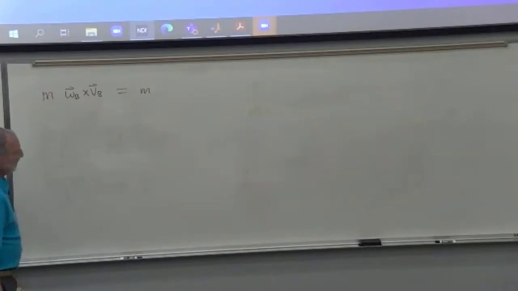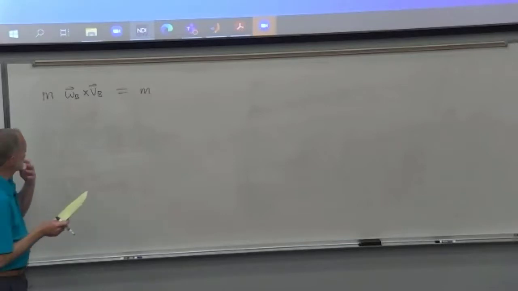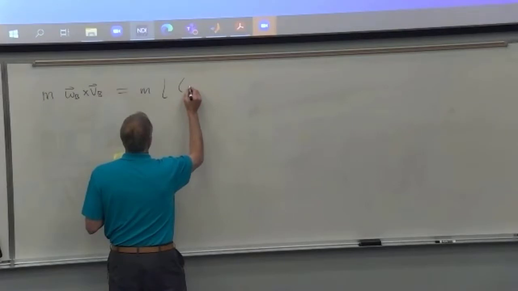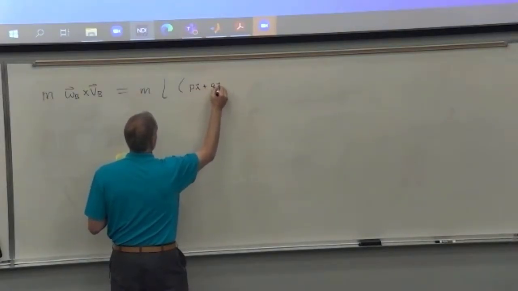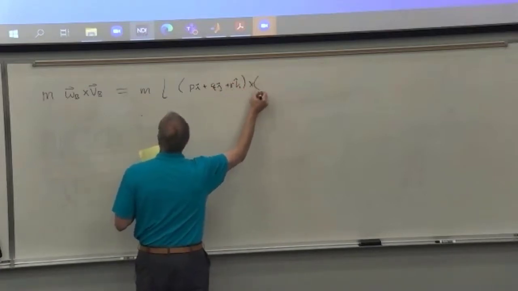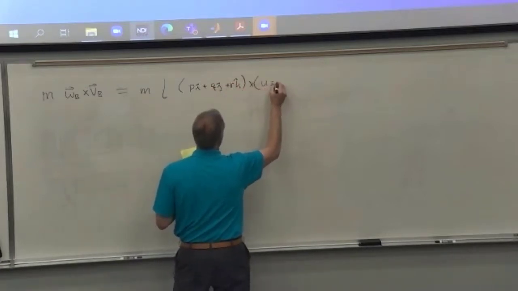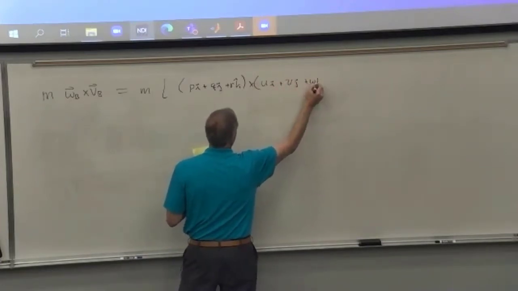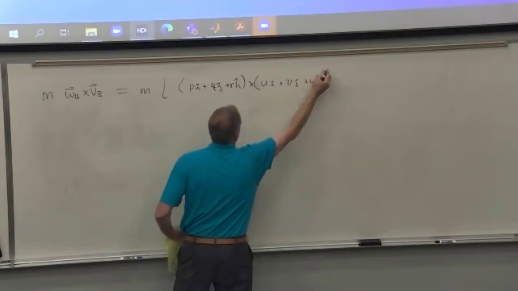So what's your favorite way to do a cross product? Do you brute force it? And what we got is PQ that crossed with that, right?